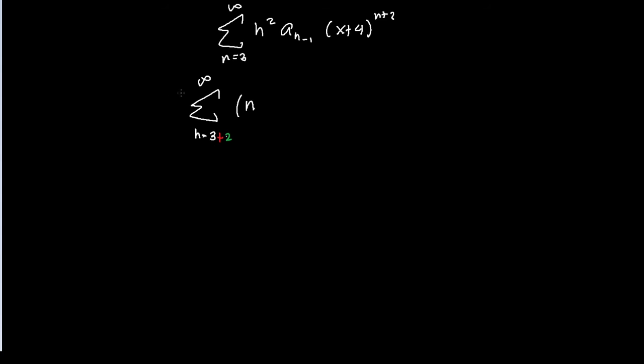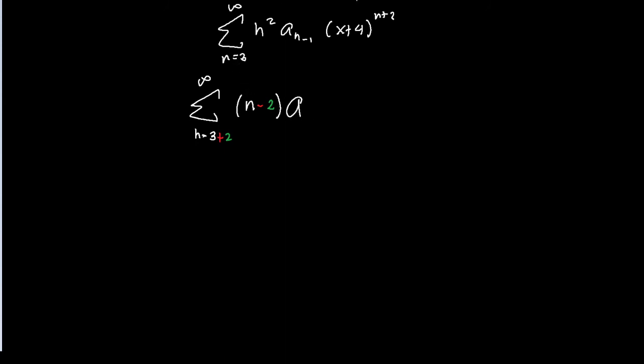If you made an addition on the index, you have to make a subtraction on the power series, minus by the same magnitude. So that's 2, and that's for all.